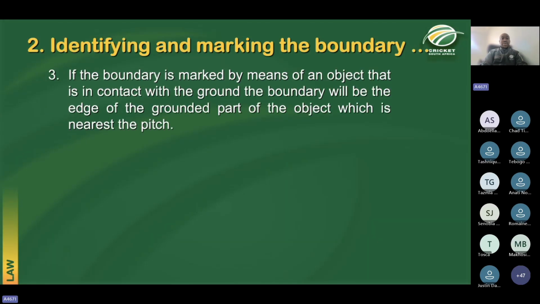If the boundary is marked by means of an object that is in contact with the ground, the boundary will be the edge of the grounded part of the object which is nearest the pitch. As I've explained with the rope, it is the inside edge of that rope that is the boundary.